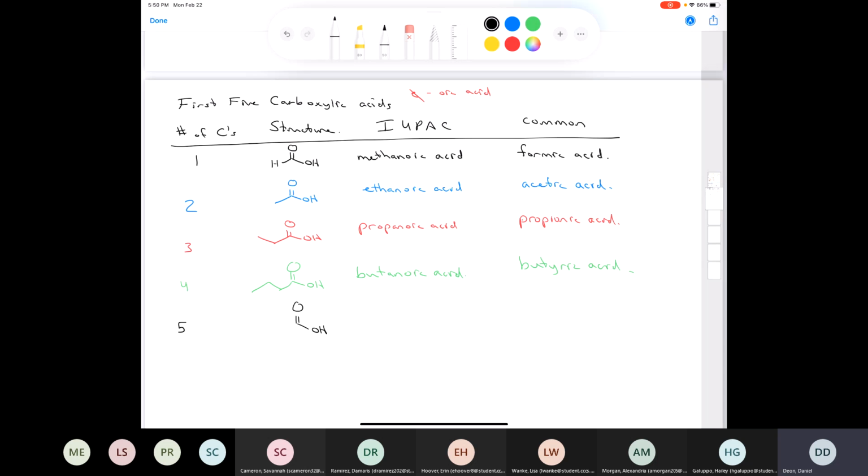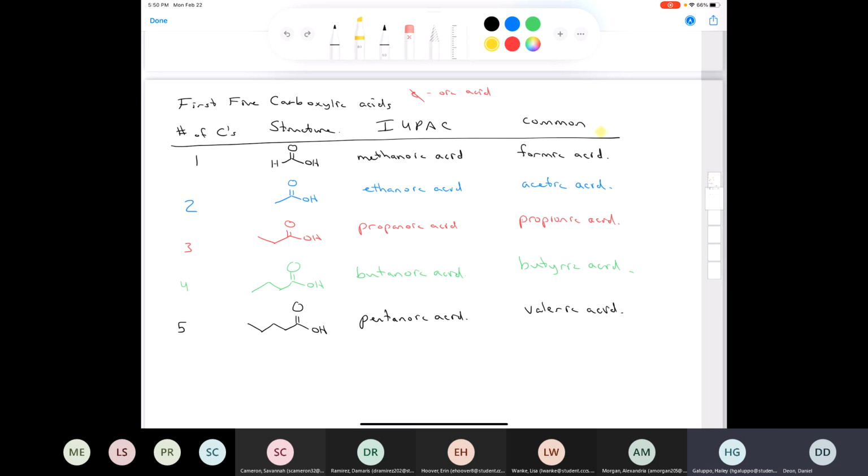If we have 5 carbons, 1, 2, 3, 4, 5, this would be pentanoic acid. We discussed that tonight, pentanoic acid. And the common name would be valeric acid. All right. And again, the common names, we saw all of these prefixes when we looked at the aldehydes. We had formaldehyde, acetaldehyde, propionaldehyde, butyraldehyde, and valeraldehyde.